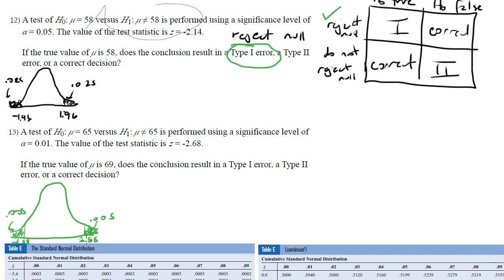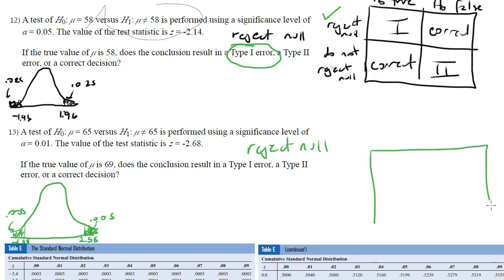So let's determine if we reject or do not reject the null hypothesis. The test statistic is negative 2.68, which is definitely in that region. So because of that, I will reject the null, reject H0.